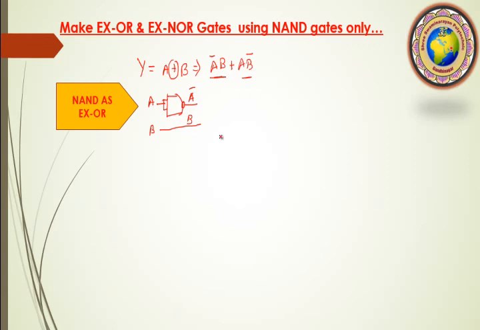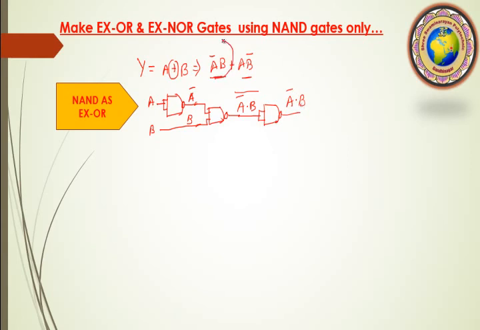These two inputs we apply to one more NAND gate. So what happens? A bar dot B whole bar. But I don't want this bar, so once again it is converted by using a NOT gate. So I get A bar dot B.